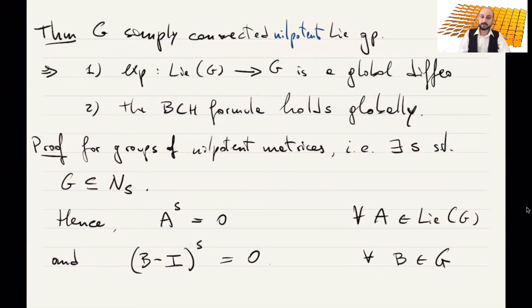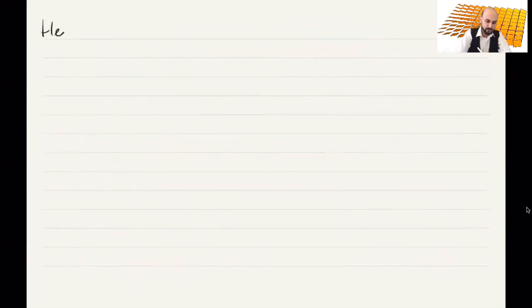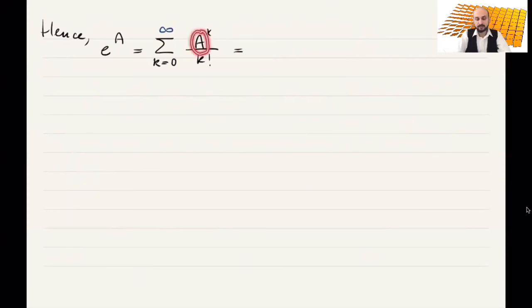Okay, now let's remember the exponential map for matrices. The exponential of a matrix A, by definition, but then we also understood that this is the exponential of the Lie algebra, is the series of A^k divided by k factorial, and k goes from 0 to infinity. But as we said, we are in the space of nilpotent matrices, so as soon as k is larger than s, this is going to be 0.